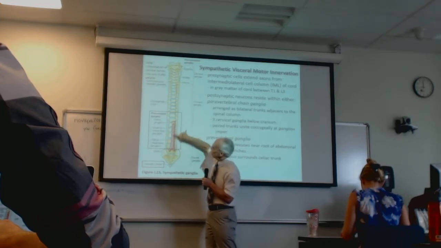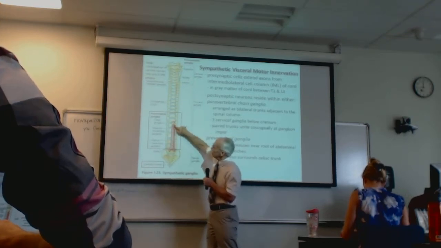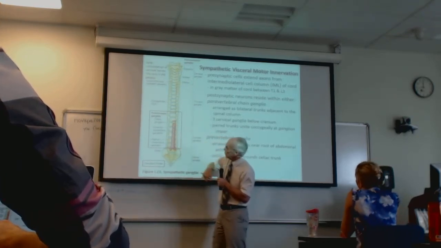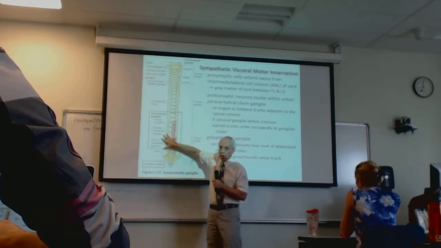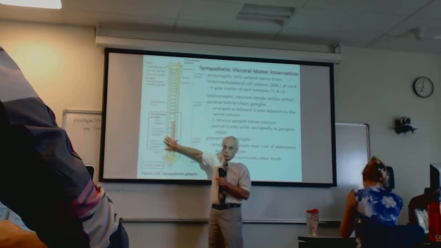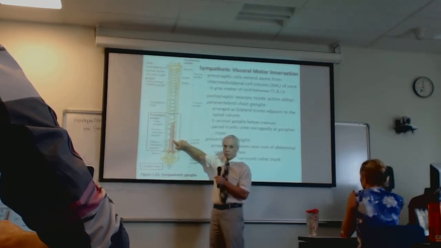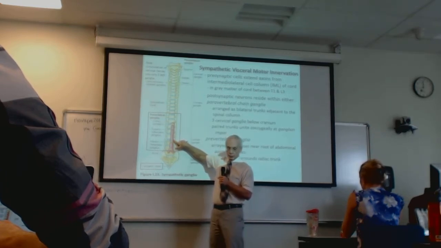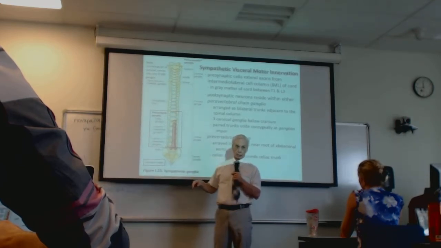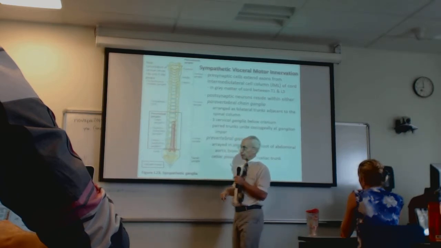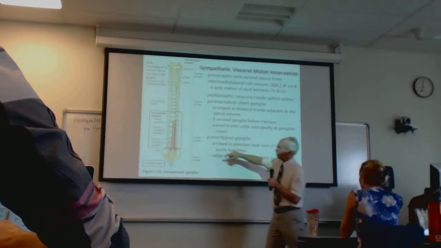You can see the aorta here, and there are 3 of these: celiac, superior mesenteric, and inferior mesenteric. We won't worry about the names right now, but what I do want you to know is that these 3 ganglia are not paravertebral. They're not part of the sympathetic trunk. These, for reasons that absolutely elude the mind of any rational person, are called prevertebral ganglia. So there are three prevertebral ganglia that are part of the sympathetic nervous system.